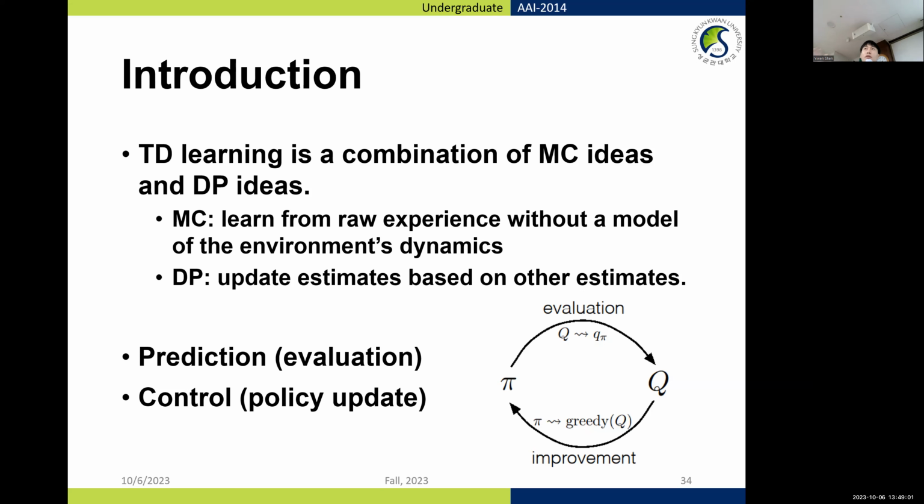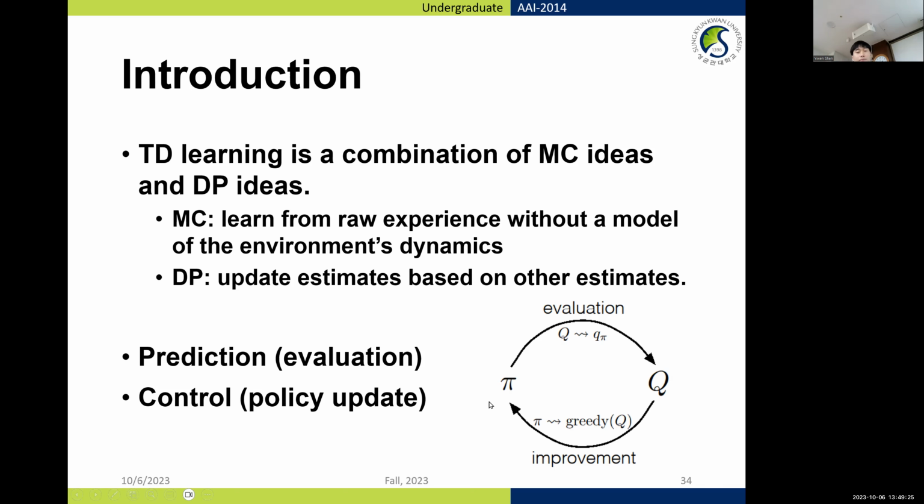All the possibilities contribute to the current state, and we update. TD learning uses both merits together to do the prediction and the control, the state-action evaluation, and the action value function for the policy update.